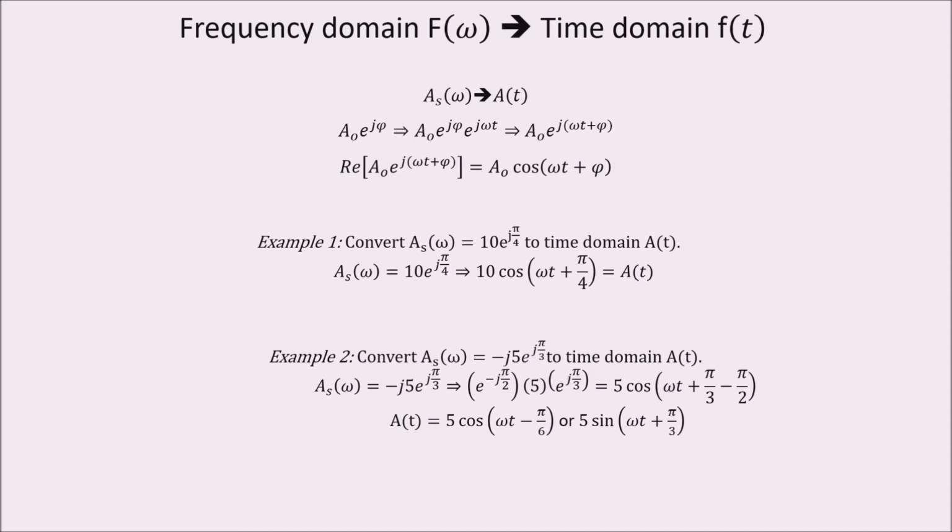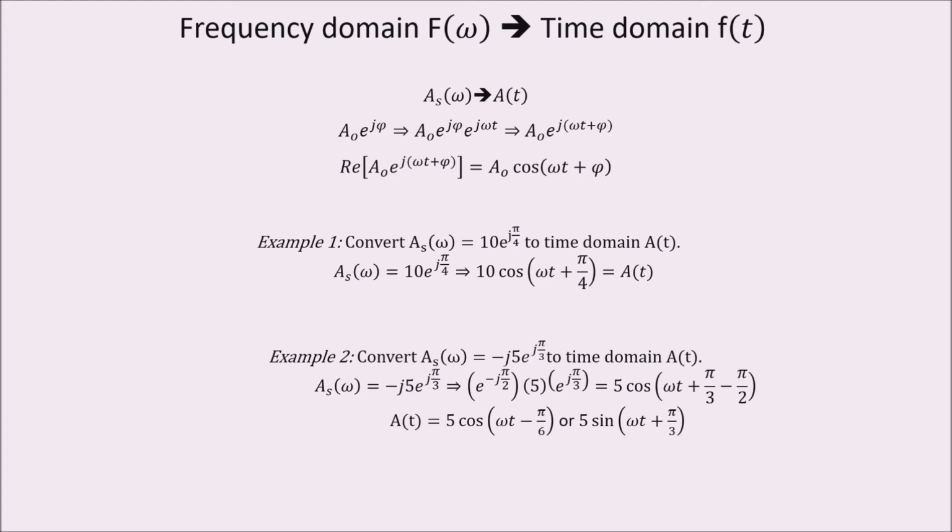Finally, we take the real part of the function to derive the time domain form, and it becomes A0 cosine of omega t plus phi. In example 1, the frequency domain function As with magnitude 10 and phase angle pi over 4 can be written as a function of t equal to 10 cosine of omega t plus pi over 4.